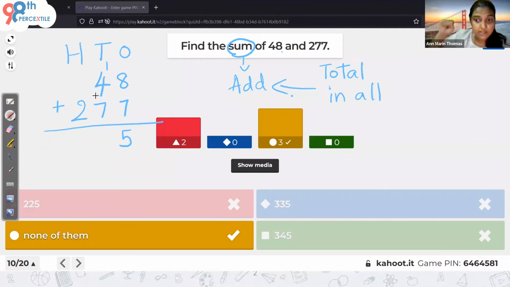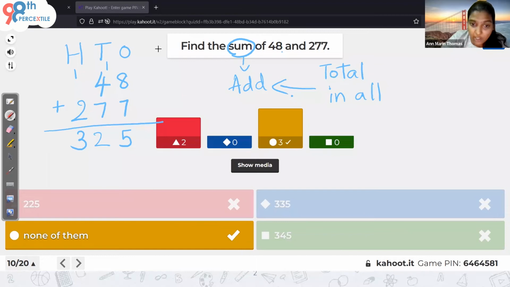So 7 in your mind and 5 fingers: 8, 9, 10, 11, 12. So I have 12 here. So 2 will come here and I carry over 1 again. So 1 plus 2 is 3.